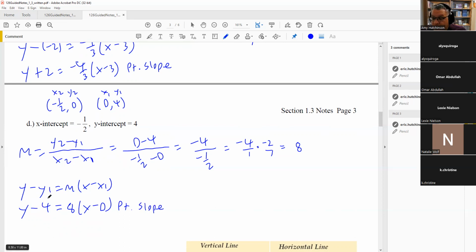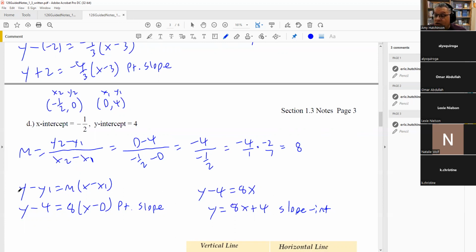If I continue with this, I have y minus 4 equals just 8x, because that's what all this is. If I add 4 to the other side, I get 8x plus 4, and this right here is the slope-intercept form.